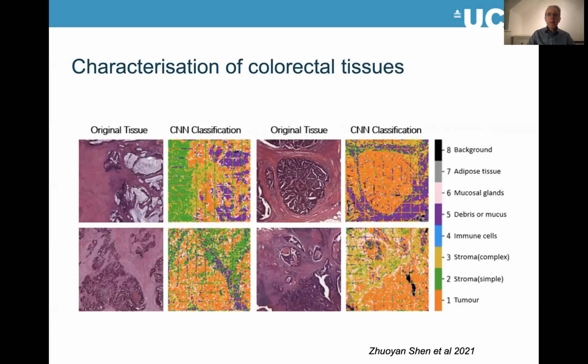Looking at the first point, here we've characterized some colorectal tissue scans. So you'll see the original tissue shown in this pink wash, and then our convolutional neural network classification, where we have managed to identify the different tissue types seen by this color map and the table on the right.